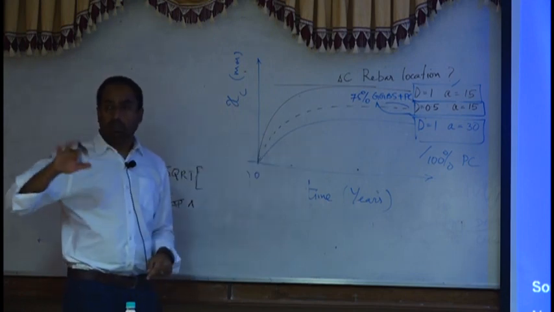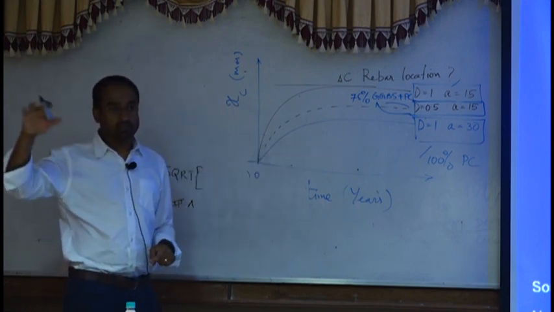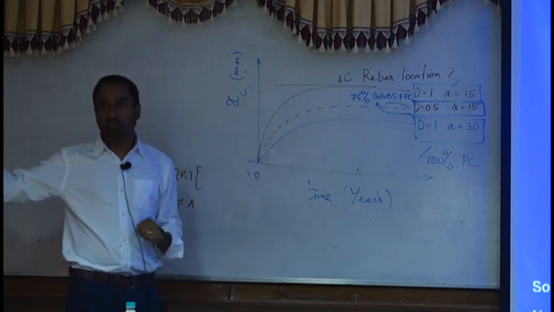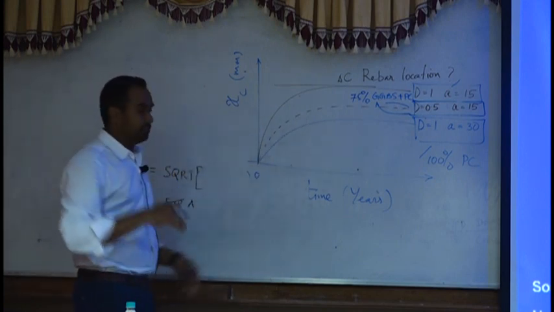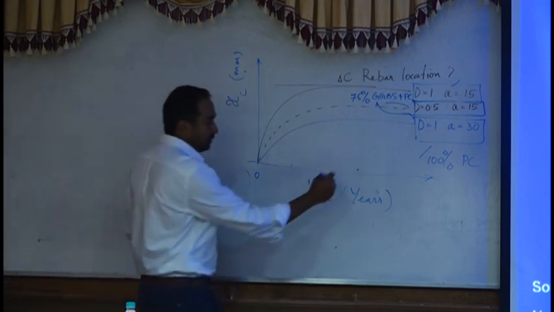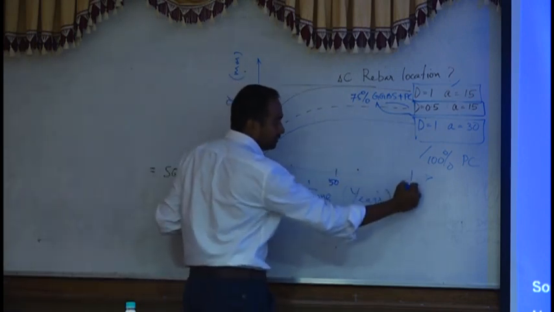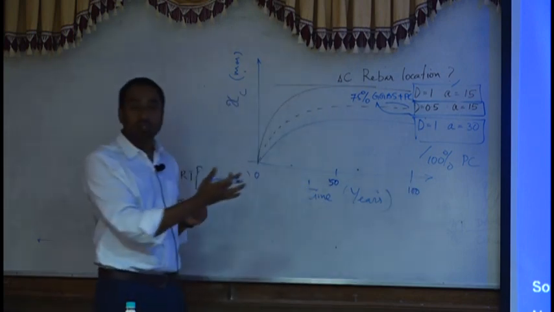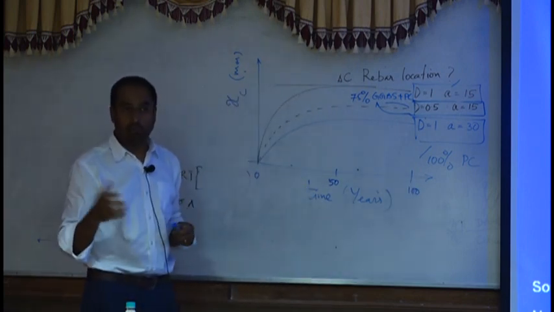Okay, so this is how you take multi-part decisions. A decision based on carbonation, a decision based on chlorides, a decision based on other things. Ultimately, your decision is to see if this is 50 years and this is 100, where should I put the steel? That's the bottom line question, okay?